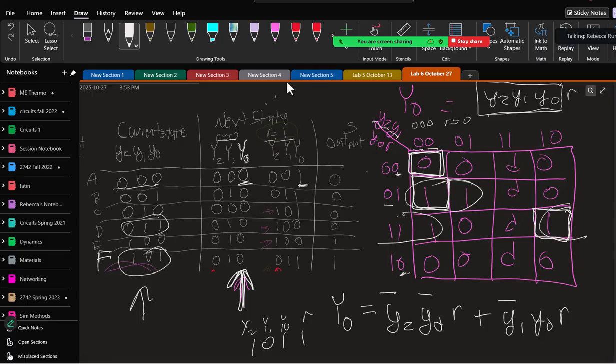This group over here has r equal to 1. So I'm looking at F and r equals 1. And I'm looking at y0, so I'm looking at the last digit in here, and that was 1. And that's where that 1 came from. I see. That makes sense now. Okay, does that make sense? And does anybody else need me to clarify that? Because it is confusing.